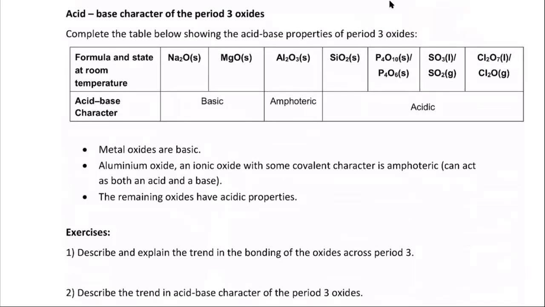But the basic summary for what you need to understand right now is that the first 2 elements, sodium and magnesium, are metals. And so metal oxides are going to be basic in character. They're not going to be acidic. Over here on the right side, as I go across, phosphorus, sulfur, and chlorine are nonmetals. They're going to be acidic.